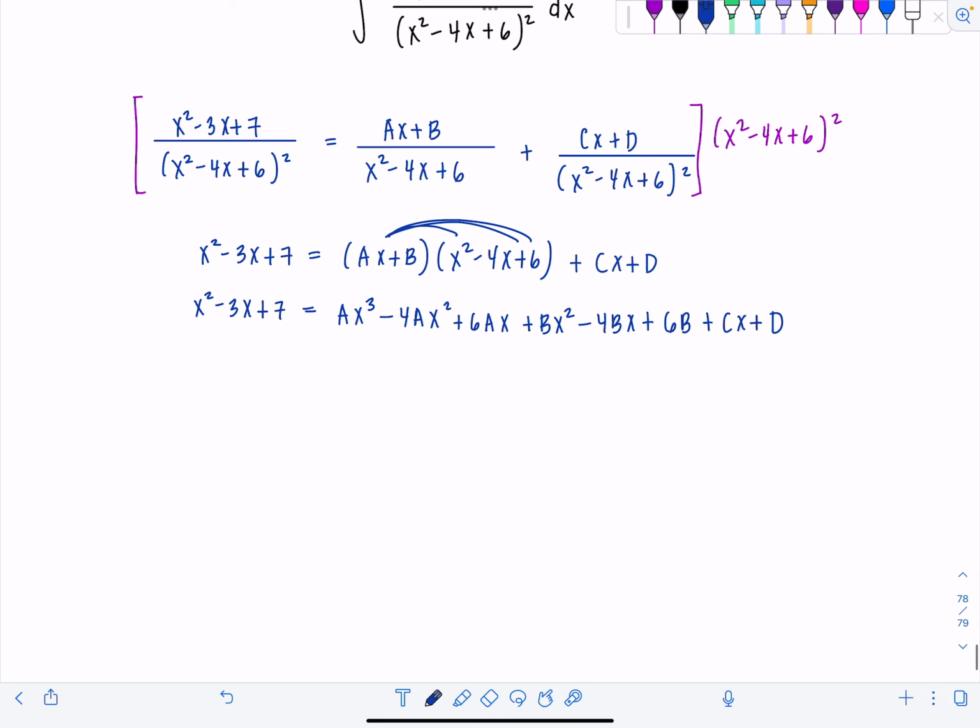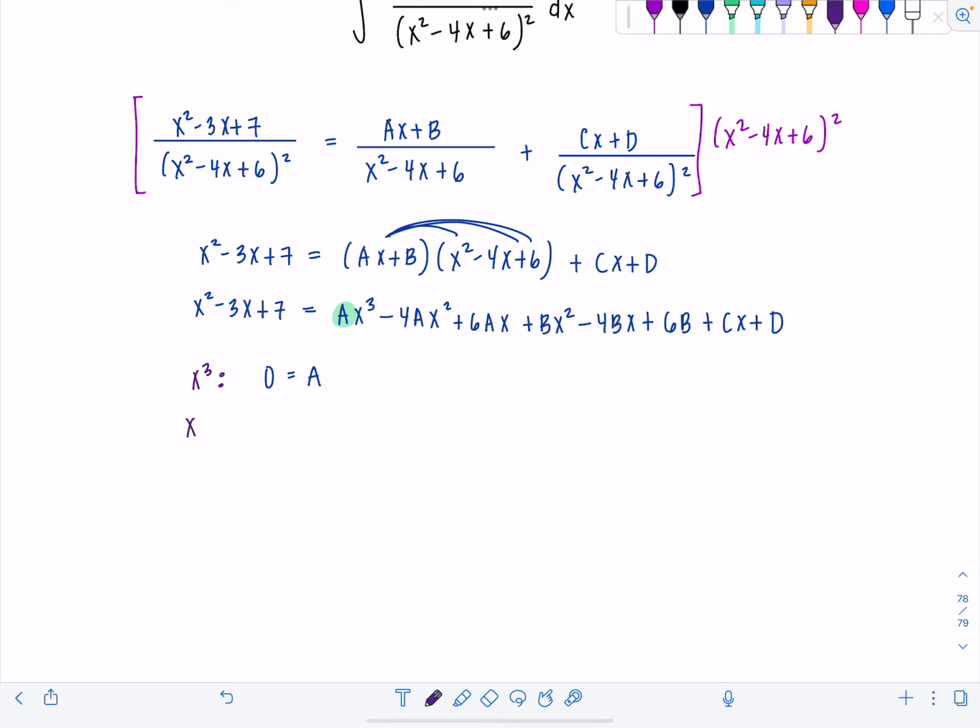What do I mean? Highest power of x I see is cubed, right? So let's see. What is the coefficient of x cubed on the left-hand side of the equation? I don't see any x cubed, so that's 0. What is the coefficient of x cubed on the right-hand side of the equation? Why, it's ax cubed. So that means a is 0. Okay.